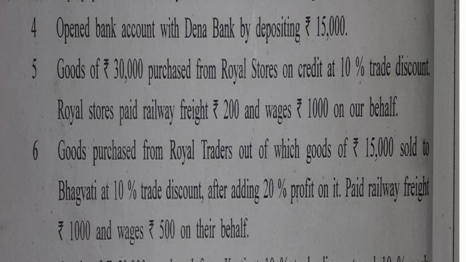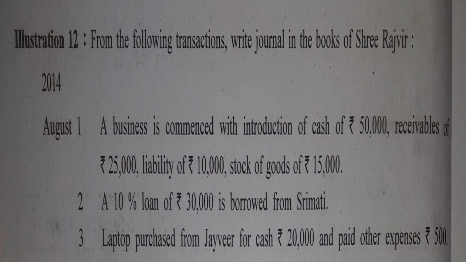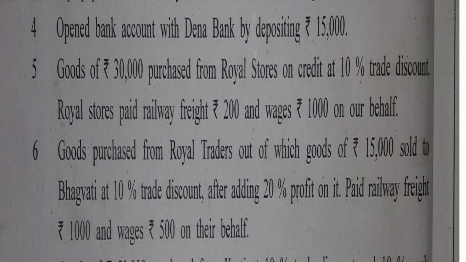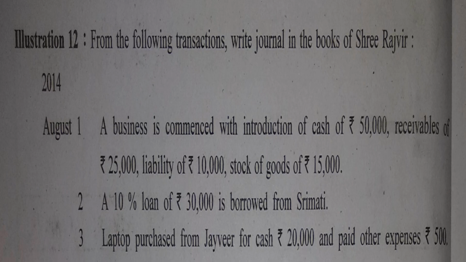Which is on 4th of August. Yes, it is August. Opened bank account with Dena Bank by depositing rupees 15,000. See, this is a process. This is an entire process of doing business. The first transaction is that business has been started.